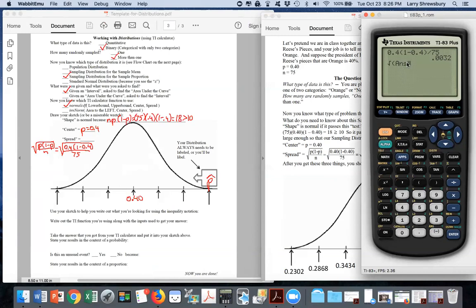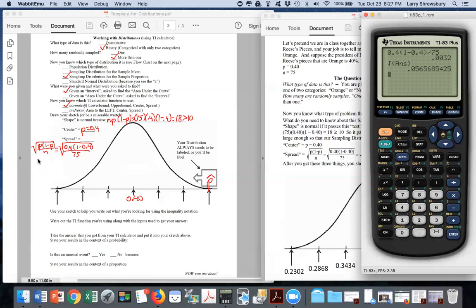It puts an A and S, which stands for your last answer. So if it went off many, many decimal places, this will maintain all the accuracy. There. Wasn't that a lot easier than trying to enter the thing all in one fell swoop? So that is our standard error for this sampling distribution.